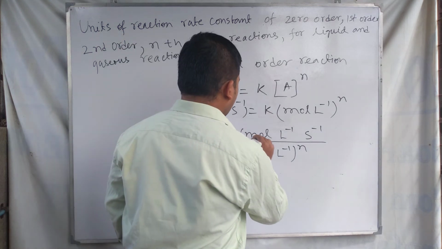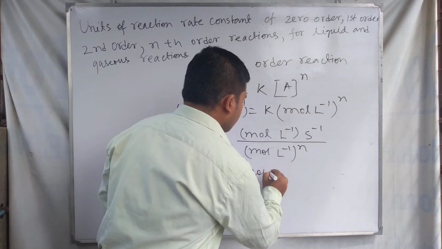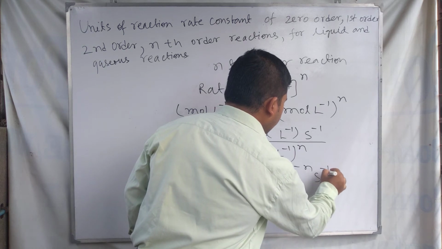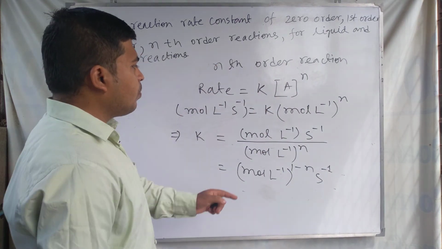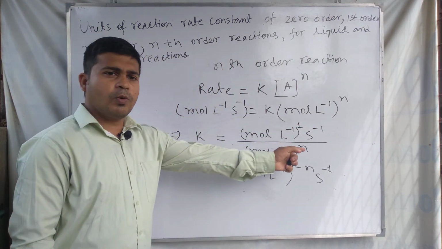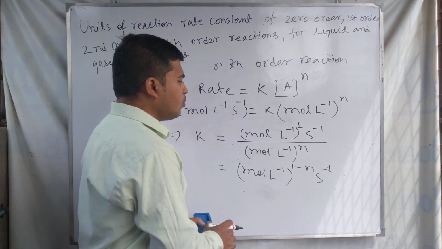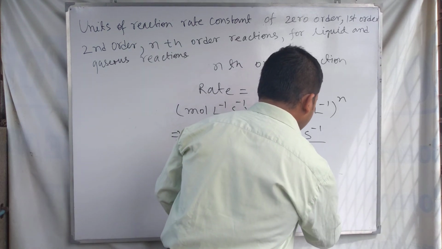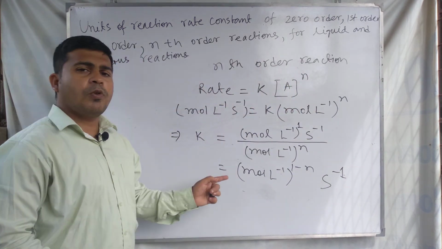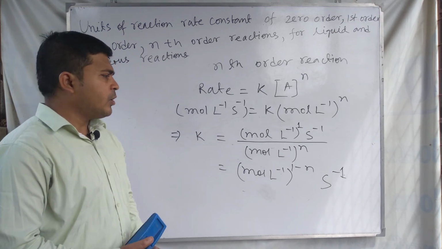Right now we can write it as mole liter inverse to the power 1 minus n and second inverse, because here you take it as 1, so mole liter inverse to the power 1 minus n into second inverse. This is the unit for the general or nth order reaction rate constant k.